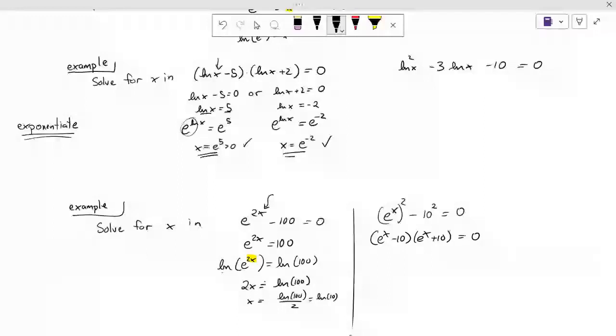All right, let's see. If we factored the left side first, we would say that e to the x minus 10 is 0, or e to the x plus 10 is 0. And indeed, in the first case, e to the x is 10, we get rid of the exponential by taking the log of both sides, and we get the answer that we had before.